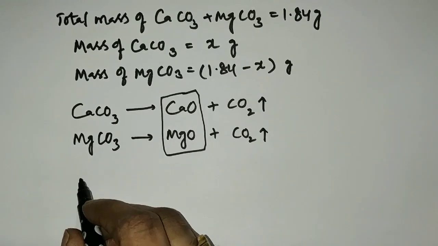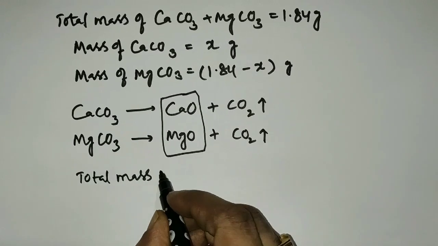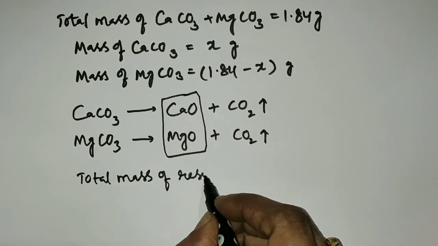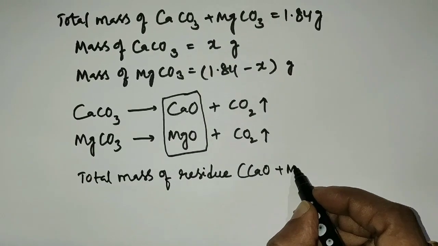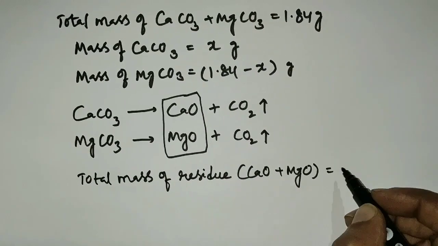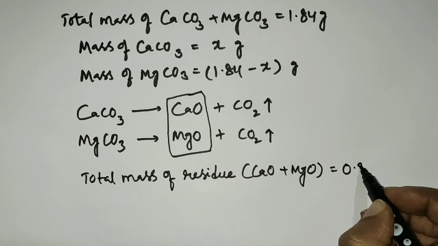Total mass of residue mixture of CaO and MgO given is equal to 0.96 grams.